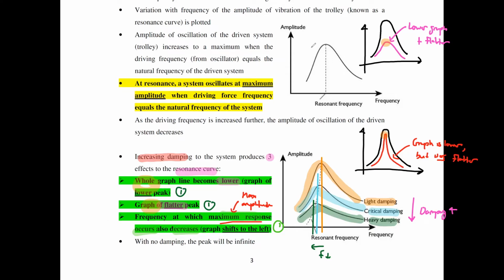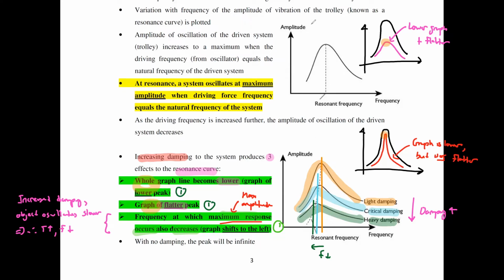Now the reason why we say that the graph actually shifts to the left is because of this. When you have increased damping, your object oscillates slower. Therefore, the time taken to complete one oscillation is longer. Therefore, period is longer, frequency is lower then. That could explain why your frequency suddenly shifts to the left.